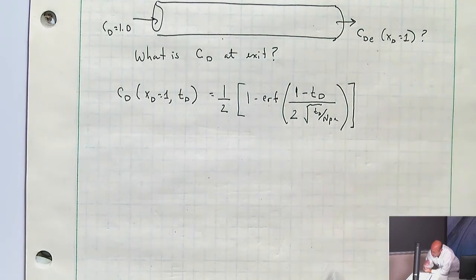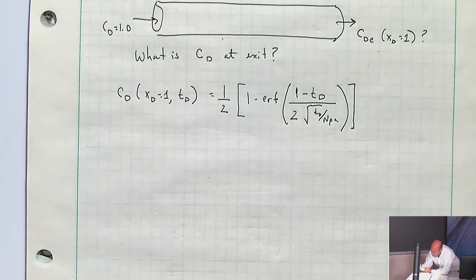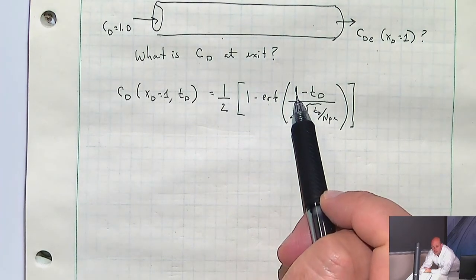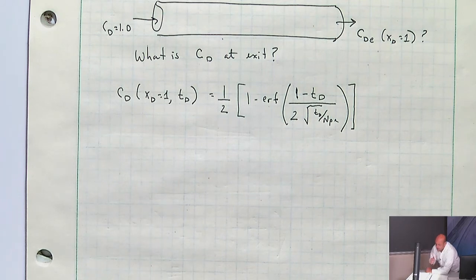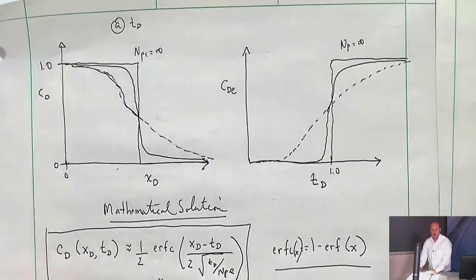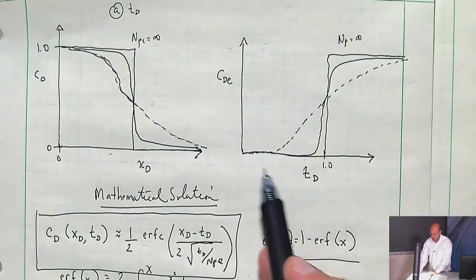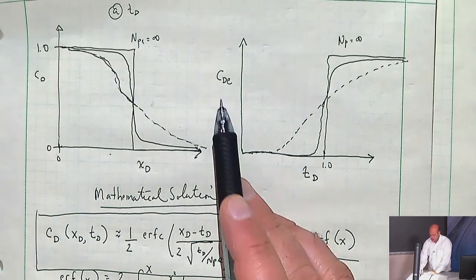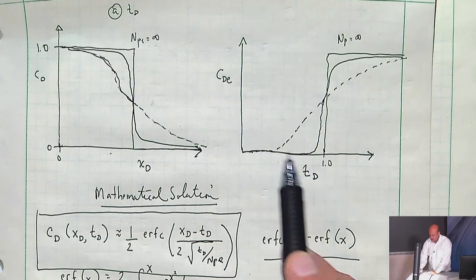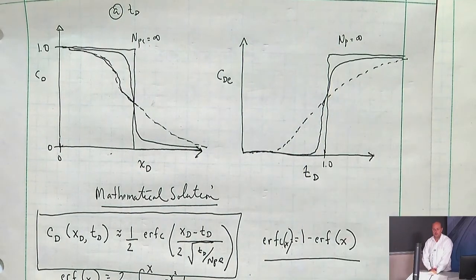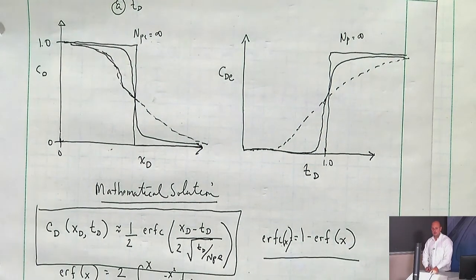Right? All I did is I used the equation, but I put in 1 for XD. So what do I do with that? Okay, well, I could just plot that, right? And that's effectively what I did here. That's what this plot is. I picked the exit, XD is equal to 1, and I plotted that last equation versus TD, and depending on what the Peclet number is, that's what my curves look like.